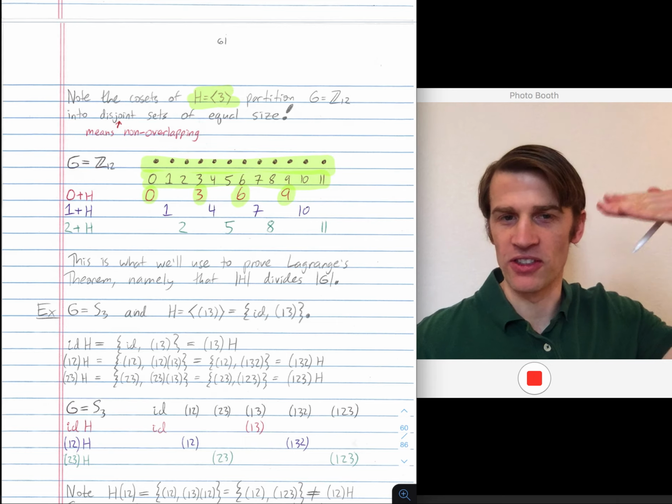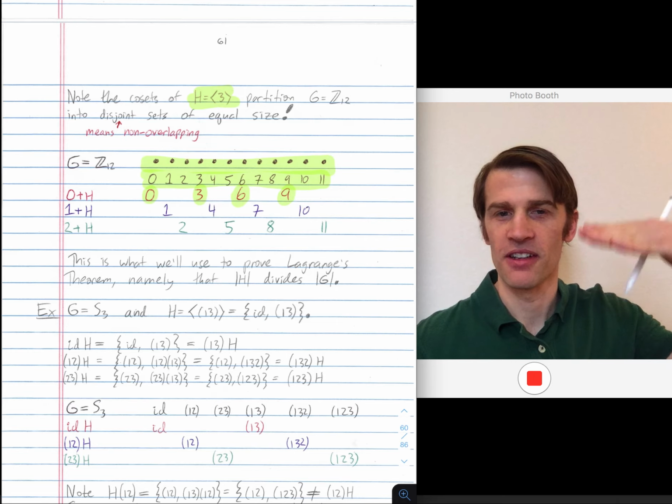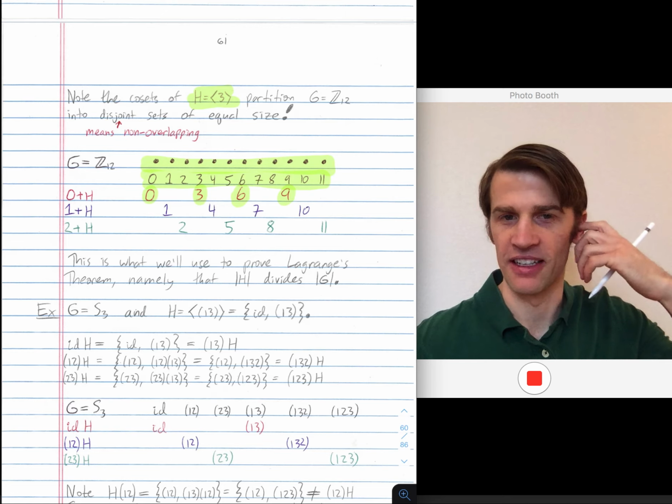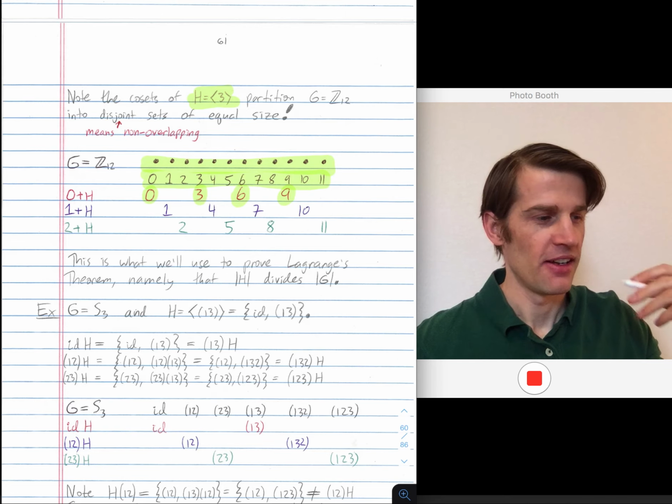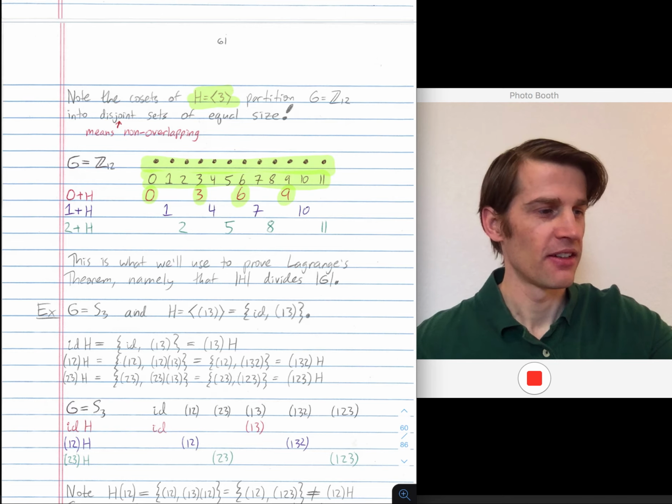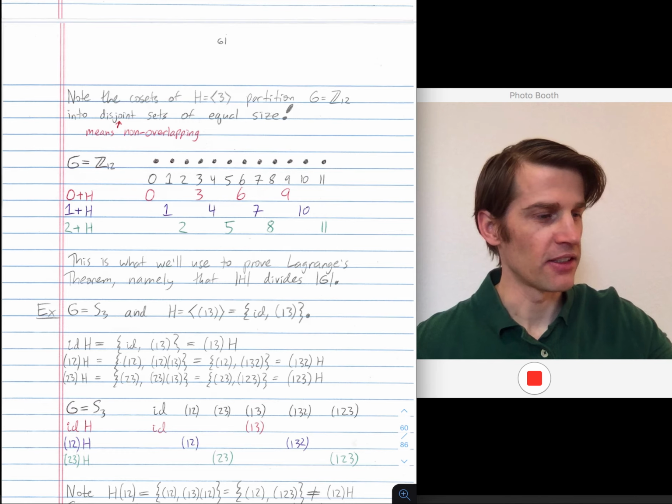So up above is G. It has 12 elements. The first row below is H. It has 4 elements. Its cosets are drawn here. 0 plus H is H itself. 1 plus H is this coset.